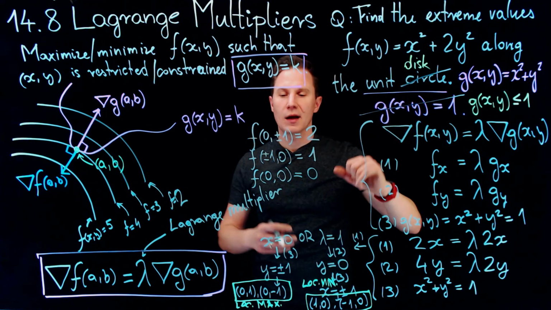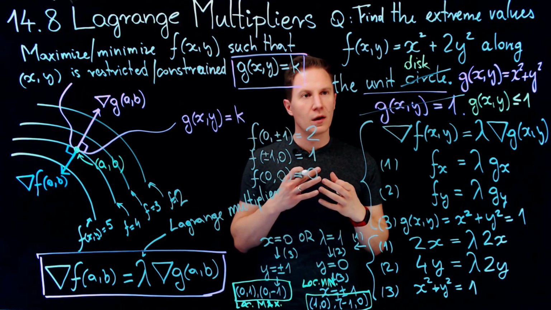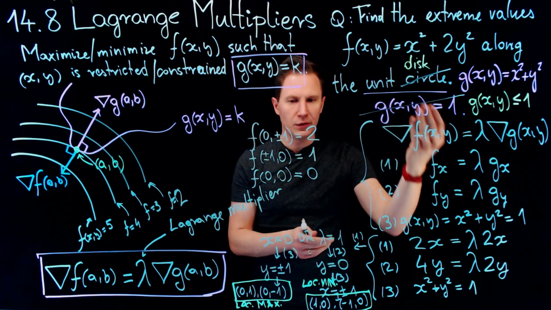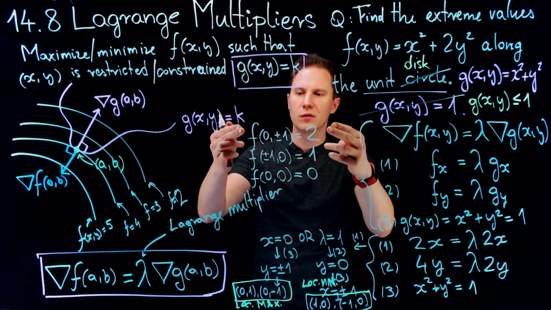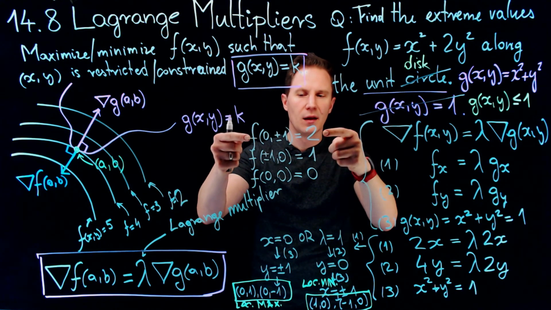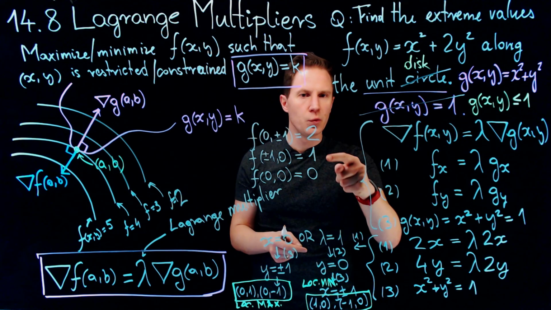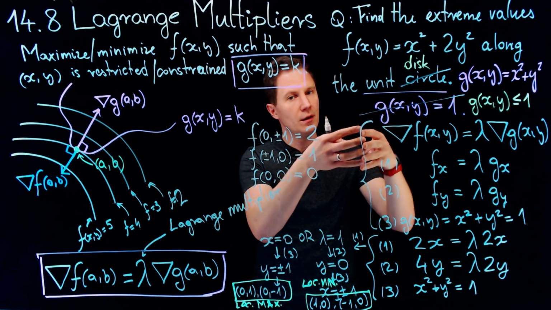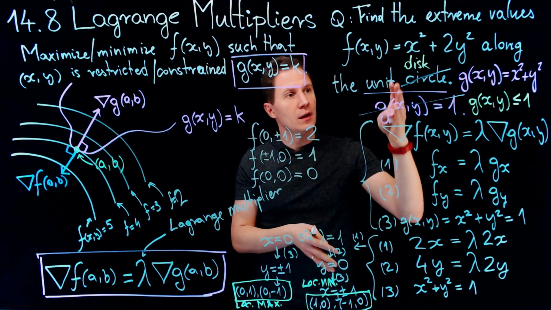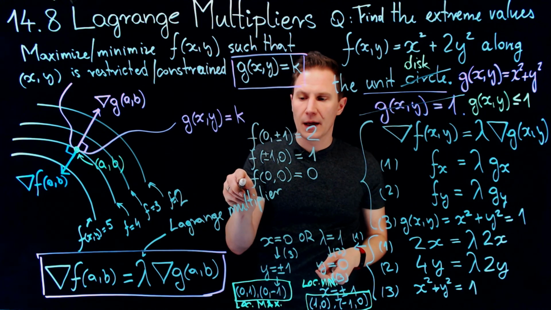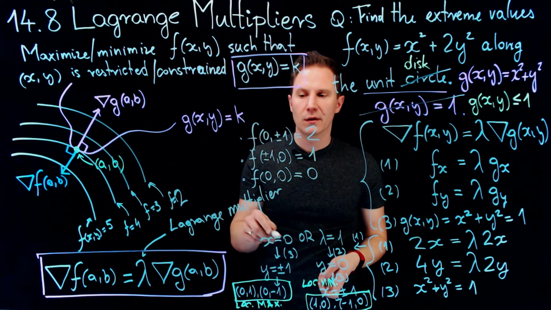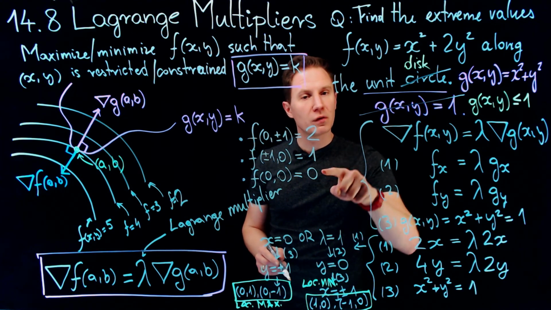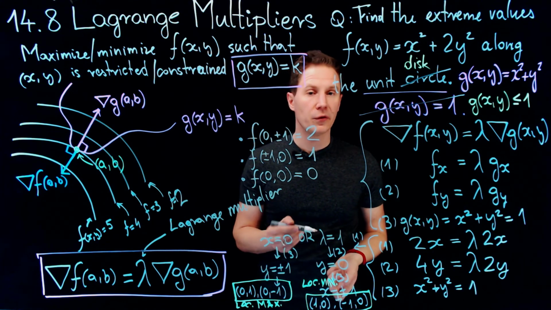So if we look inside the unit disk instead of the unit circle, we look at the boundary of that disk on the circle using the Lagrange multipliers to find these 4 points, at which the function takes these 2 values, and then we look inside the disk to find a 5th stationary point, where the function actually attains an even smaller value than on the boundary.